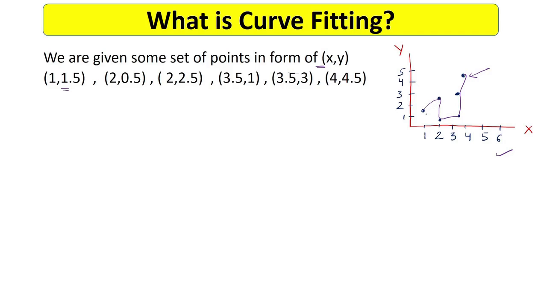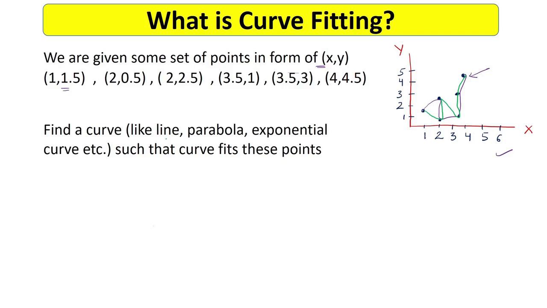Or I can join them in another way, something like this, then this, then this, and so on. There can be many such relations or curves which can join these data points. So we can have a curve like a line, a parabola, an exponential curve, and so on, that can fit the data points given to us.